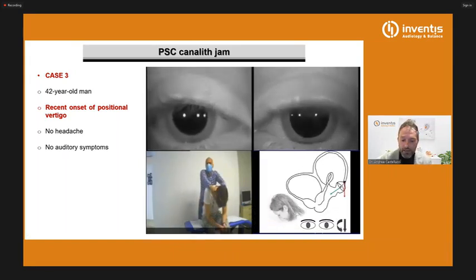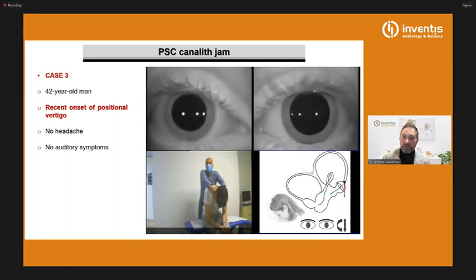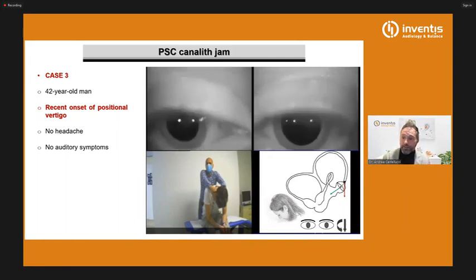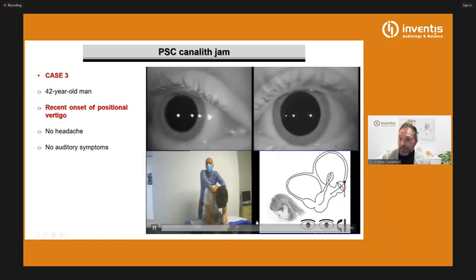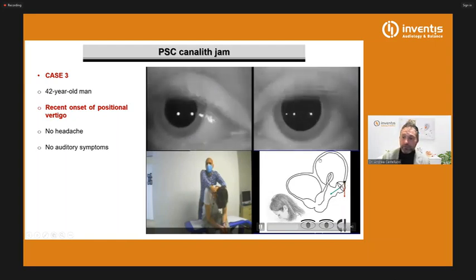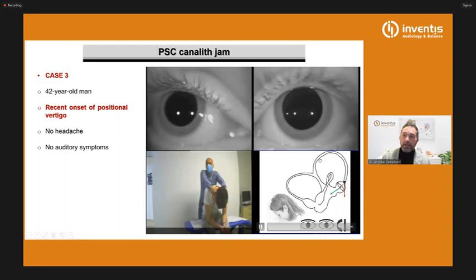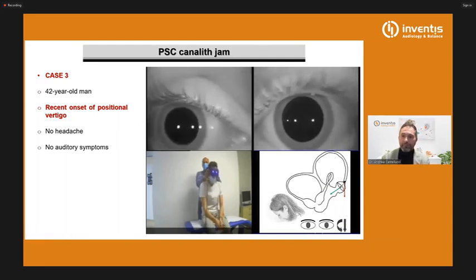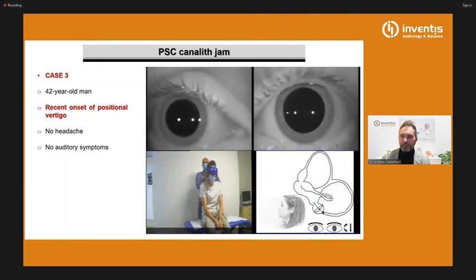Look, now in forward head bending, it's much more evident. So probably in this position, gravity adds up to the positive pressure, and the canal gem should be here, not here. Otherwise, we should have a reduction of the spontaneous nystagmus.